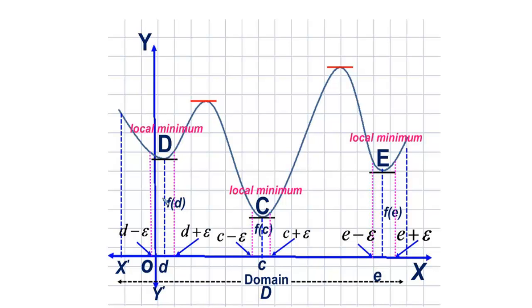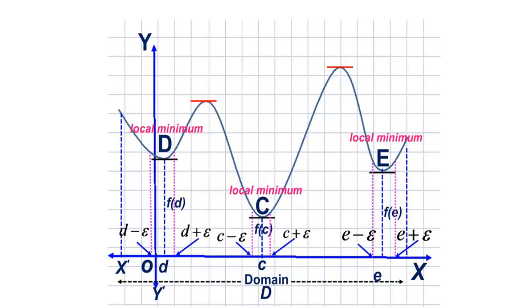Again, if we take the point E, similarly, in the interval e minus epsilon and e plus epsilon, for epsilon greater than 0, E is the point of local minima and f of E is the corresponding local minimum value. Hence, we understood the terms local minimum and local maximum.